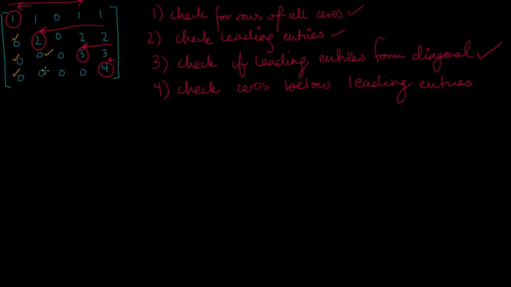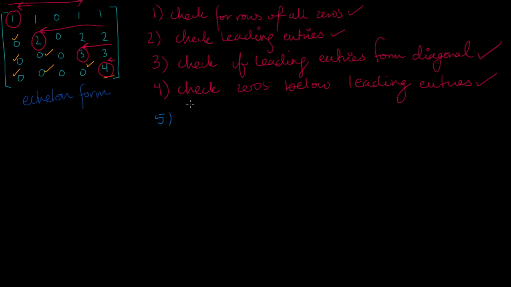This leading entry has all zeros below it. This leading entry has all zeros below it. And this leading entry can't have any zeros below it, so we don't count it. So we've checked the fourth step. So now, after this, we can determine that the matrix is in echelon form, at least. It could be reduced echelon form, so we might want to check some extra steps.